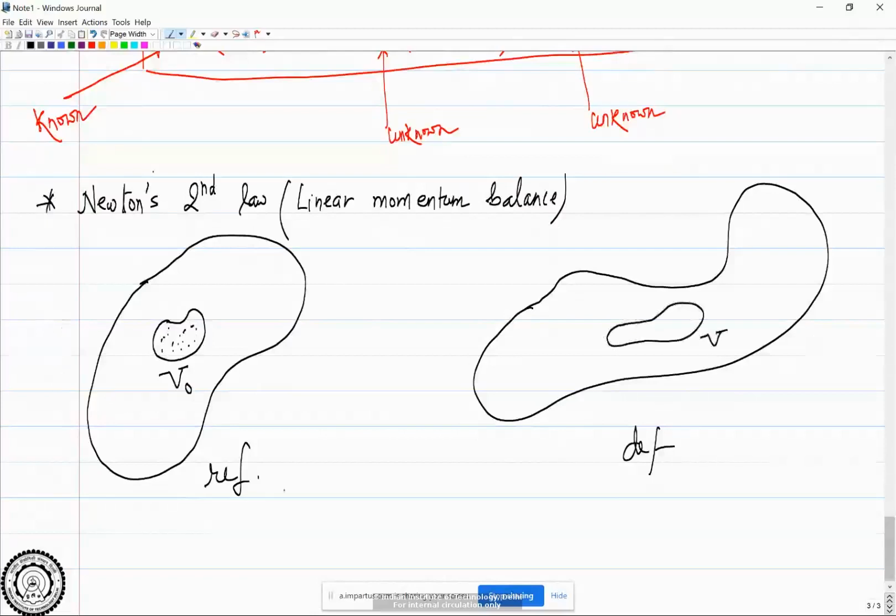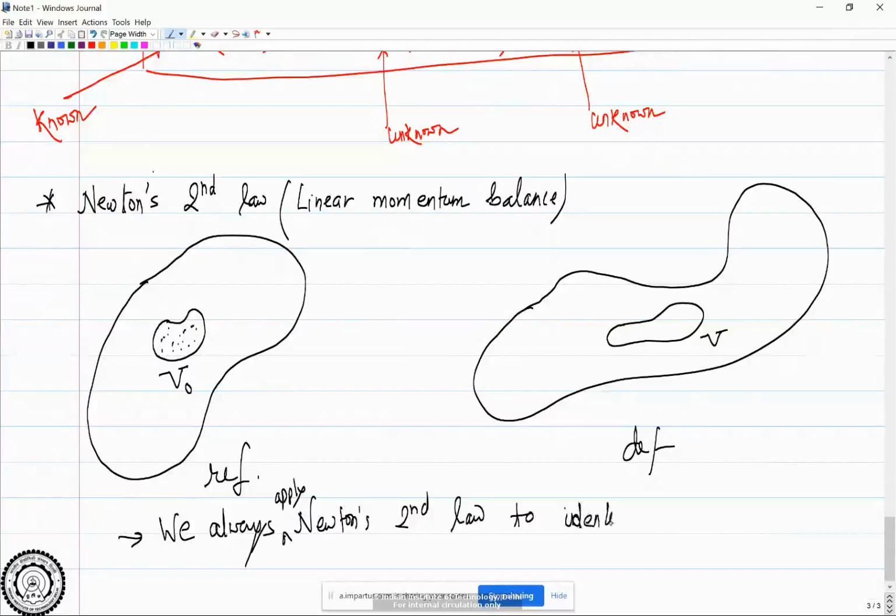And remember, we always apply Newton's second law to an identifiable set of particles.